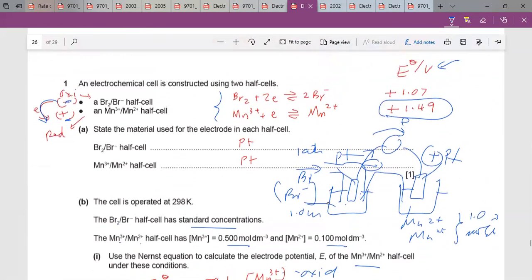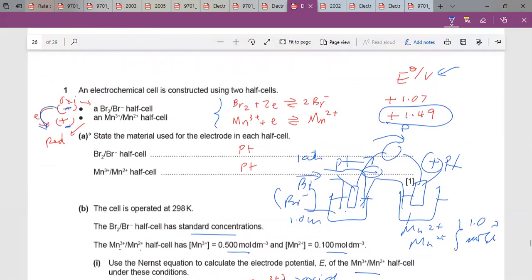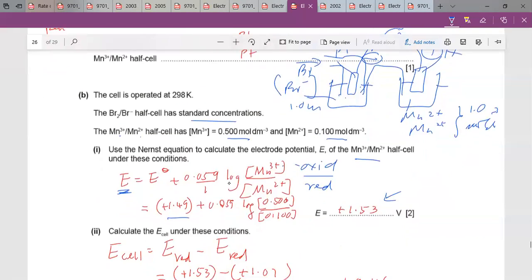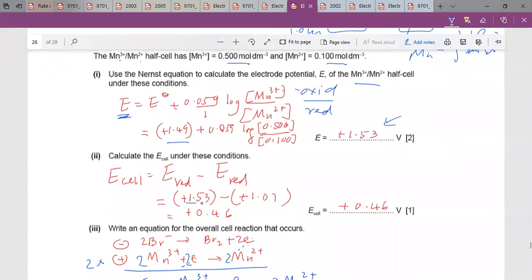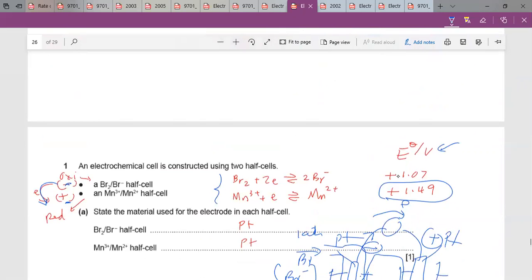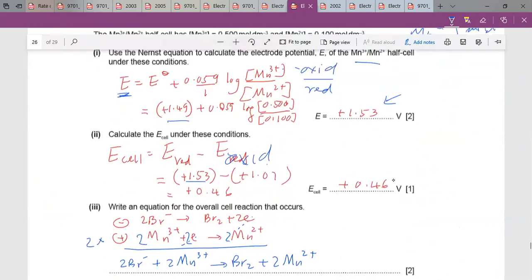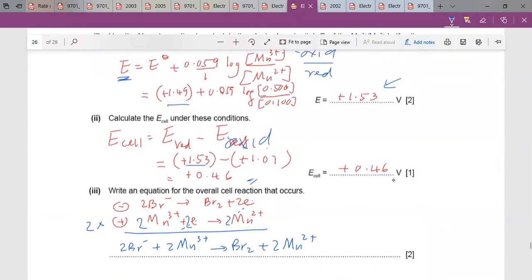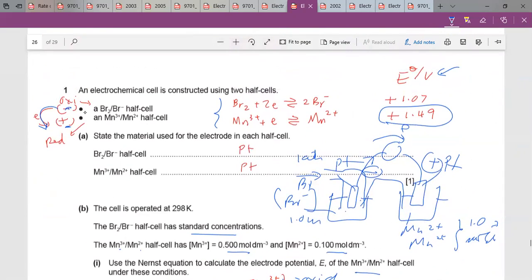So which undergoes reduction? Of course, your Mn3+ now. So this is 1.53. Reduction, and this is oxidation. I put wrong again, which is your bromine. So plus 1.00, minus this answer. Again, they ask you to balance the equation. So remember Br minus is negative, it will go this way now.